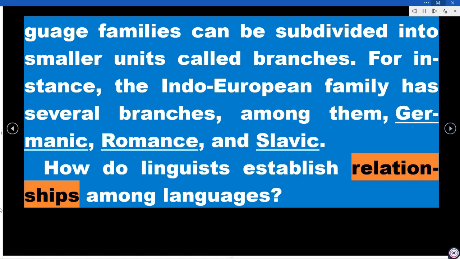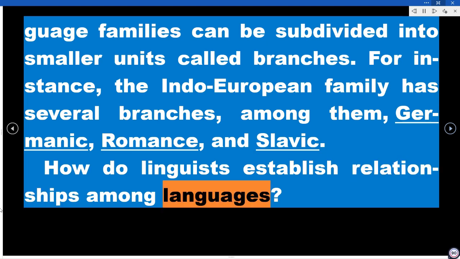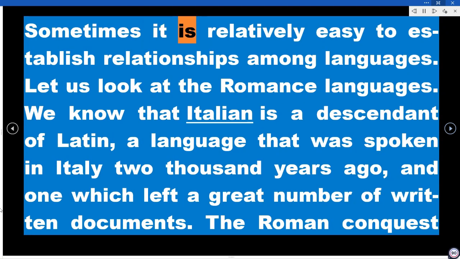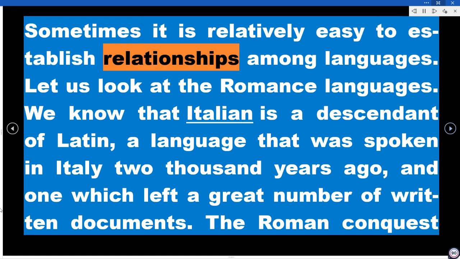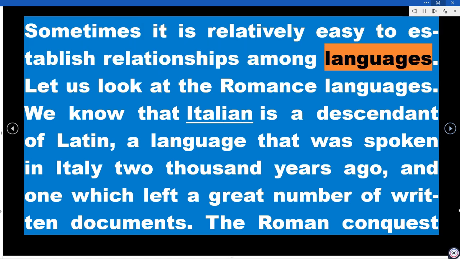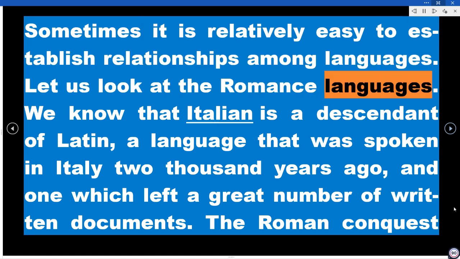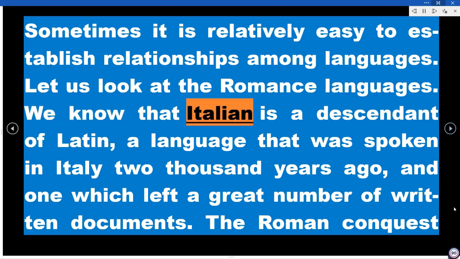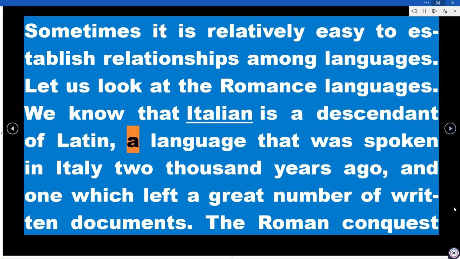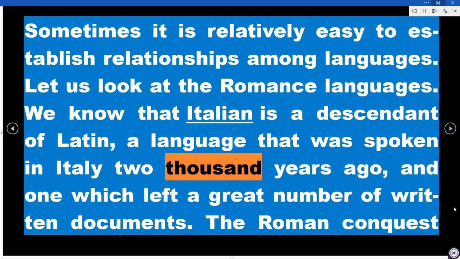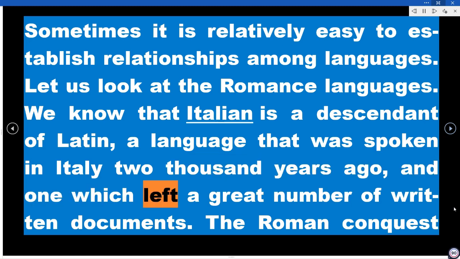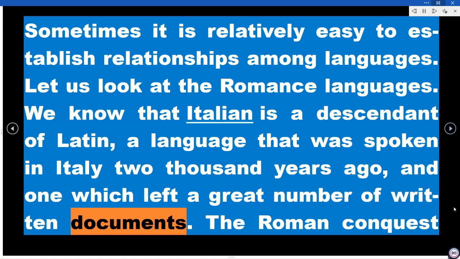How do linguists establish relationships among languages? Sometimes it is relatively easy to establish relationships among languages. Let us look at the Romance languages. We know that Italian is a descendant of Latin, a language that was spoken in Italy 2,000 years ago, and one which left a great number of written documents.